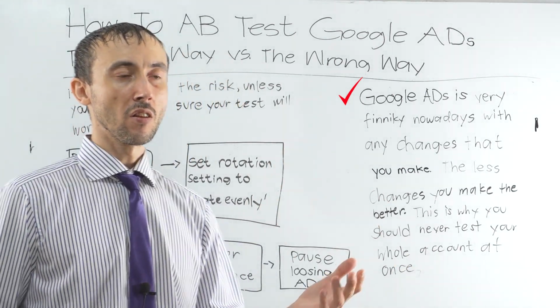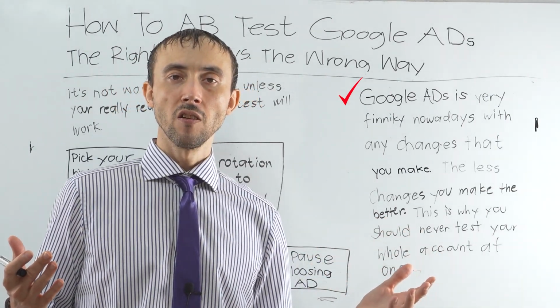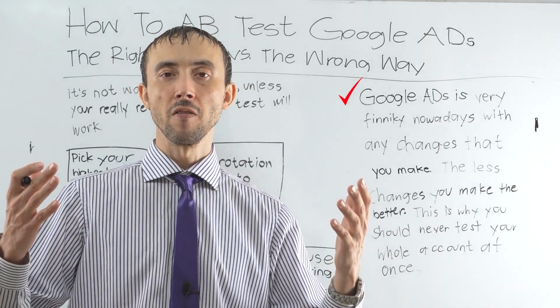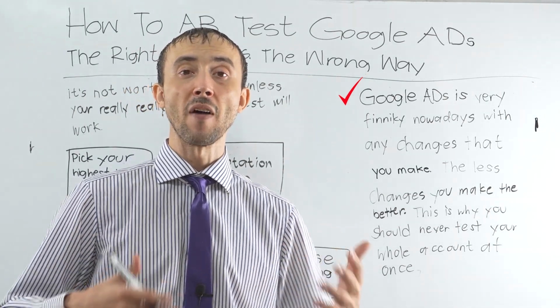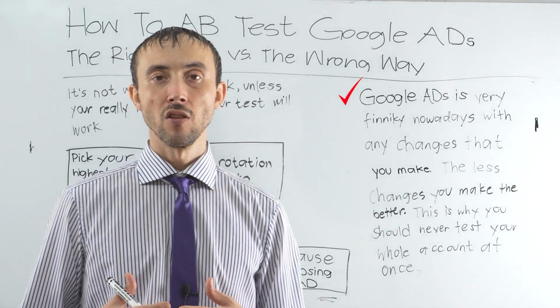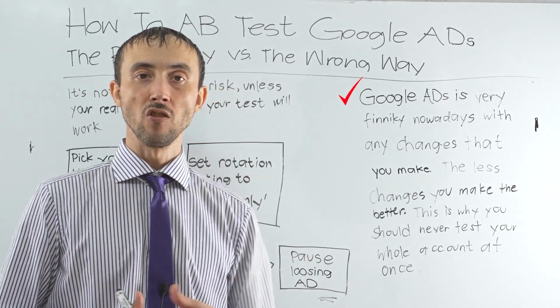To put this in a better frame of reference, the bigger the test that you run inside your ad account, the more your results are going to go negative before they go positive, because of the volatility of the algorithm. The algorithm that runs the ads doesn't like change. They hate change, and they basically inadvertently penalize you when you make a change.